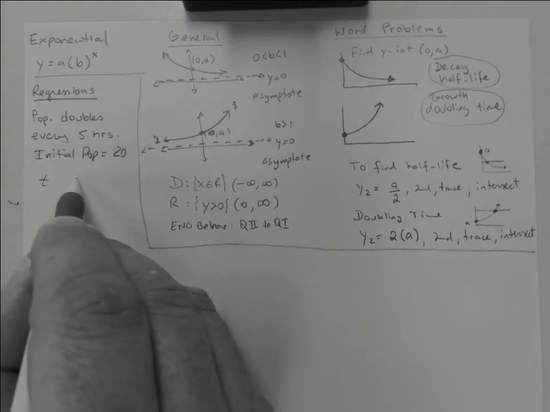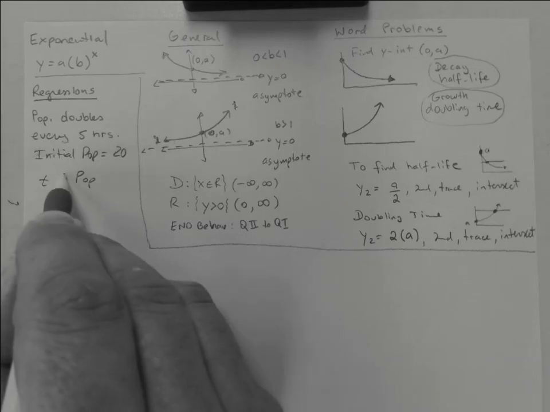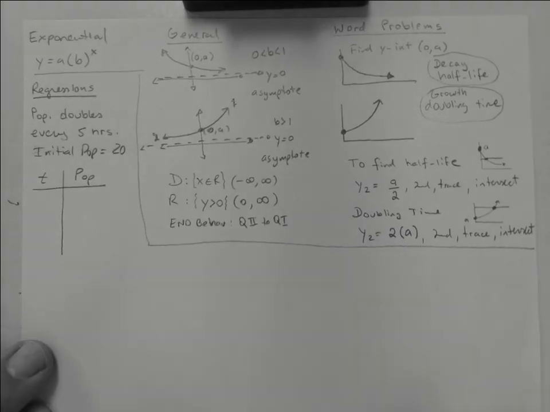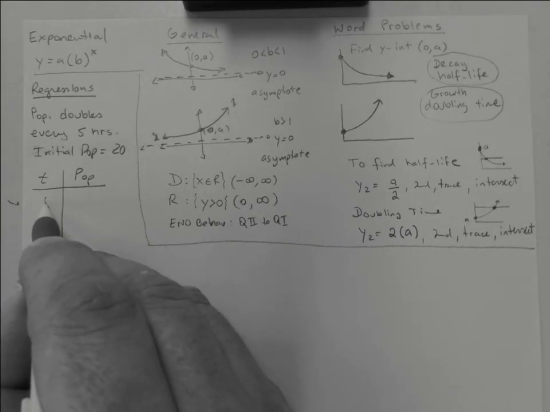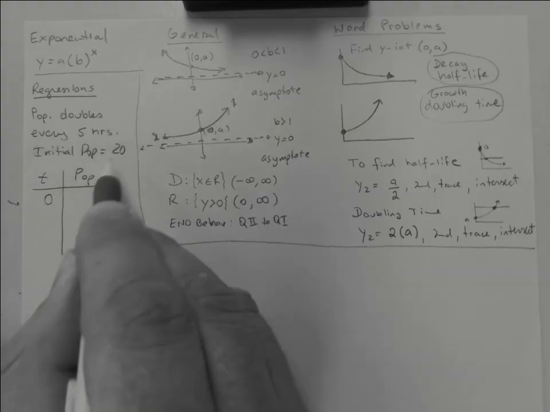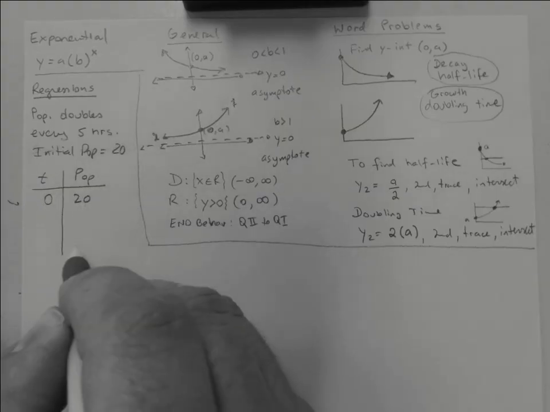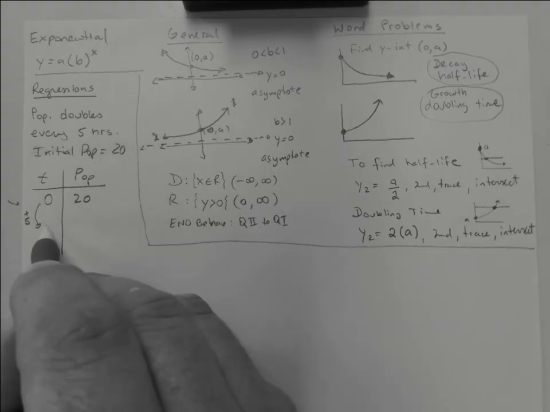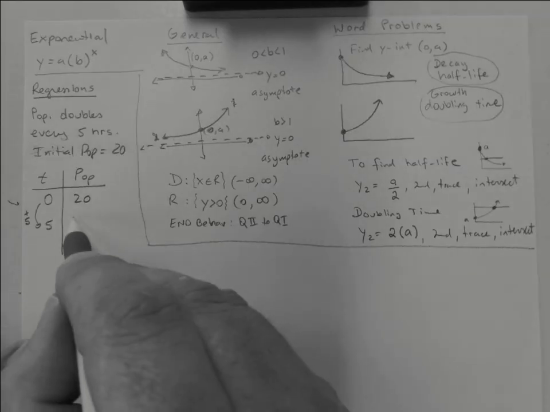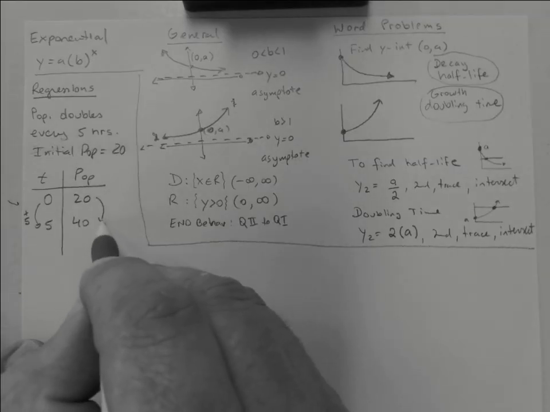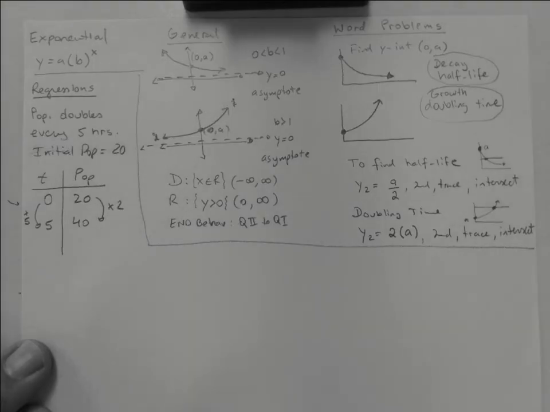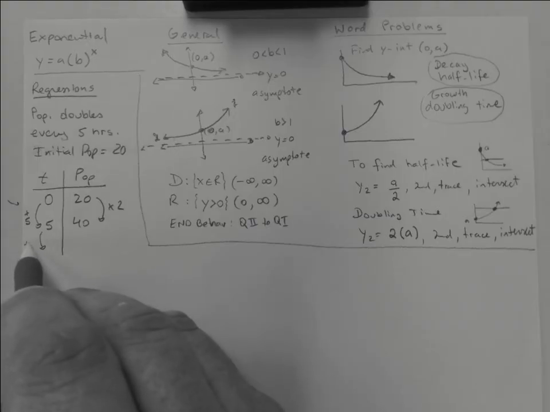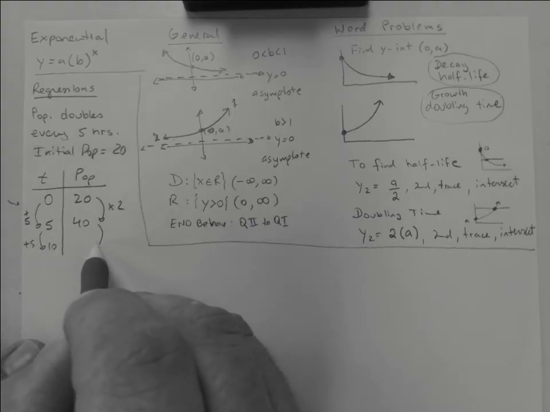So you go time, population, at time 0, you've got 20. You add 5, so you're at 5, you double. You add another 5, you double.